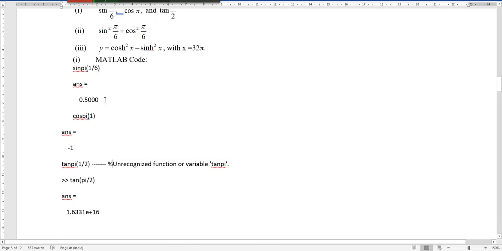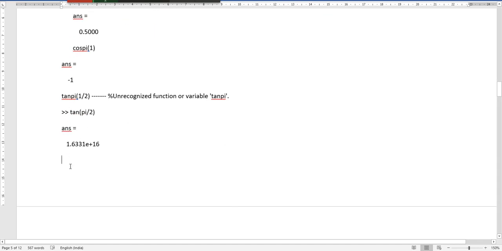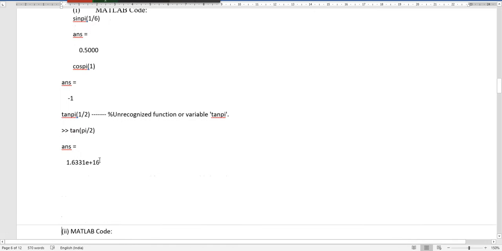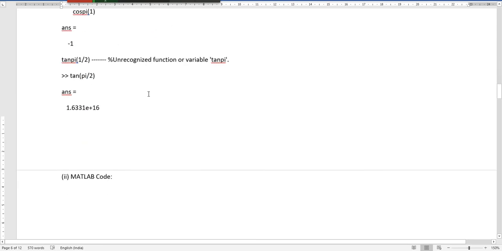Now coming to the second question. What is the question? Sin square pi by 6 plus cos square pi by 6. What is the value?